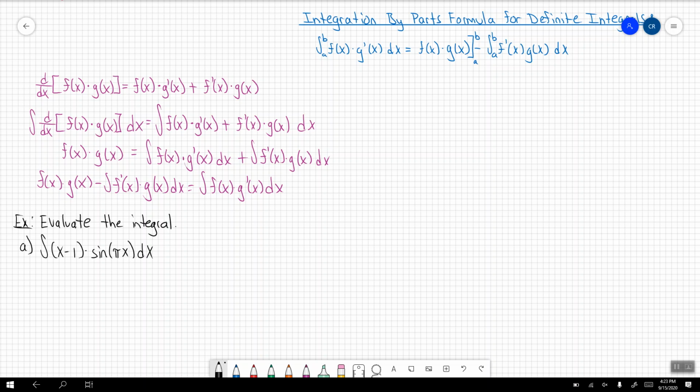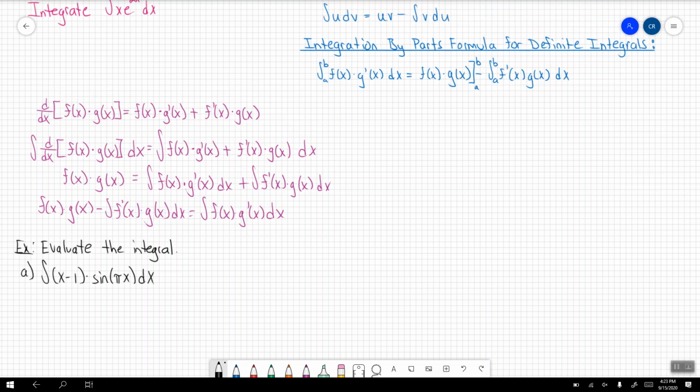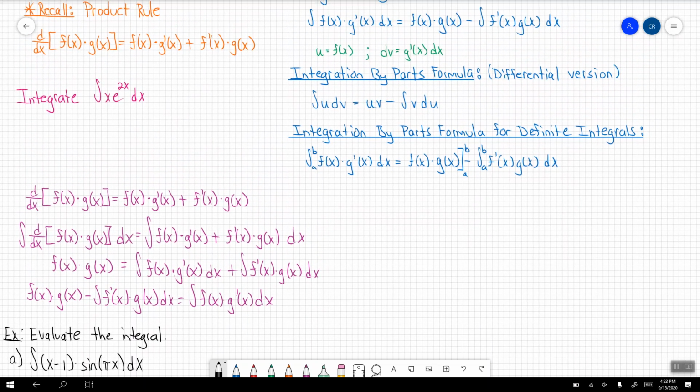So moving into integration by parts, again, I'm going to find what is my u and what is my dv. I scrolled up just a little bit for my integration by parts formula using the differentials.